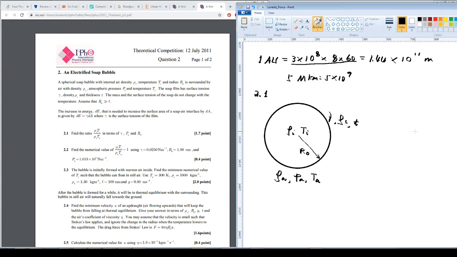Okay. R naught is much, much bigger than t. And we're given the surface tension potential energy is gamma dA.